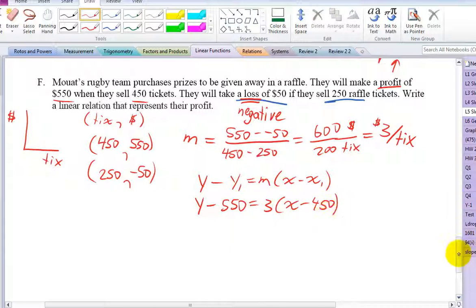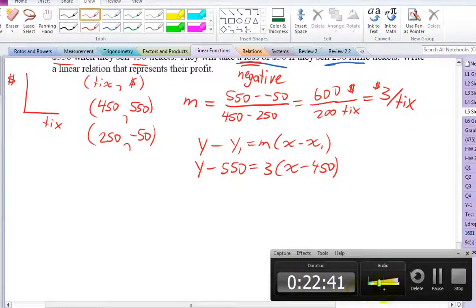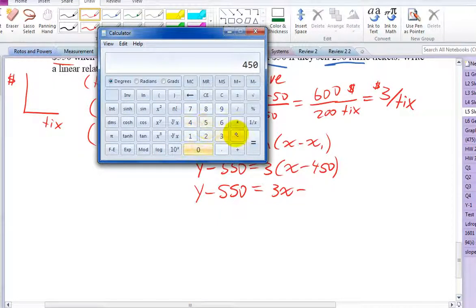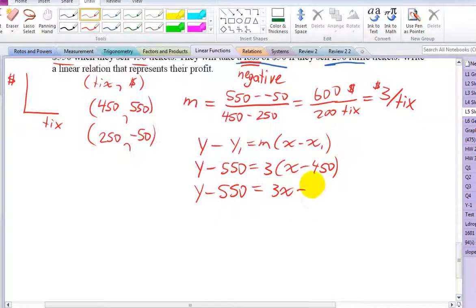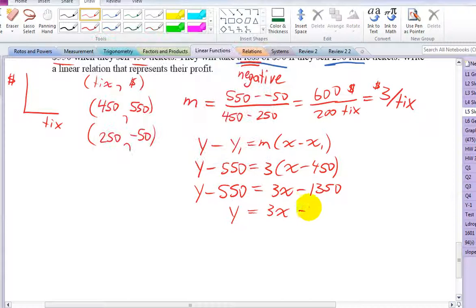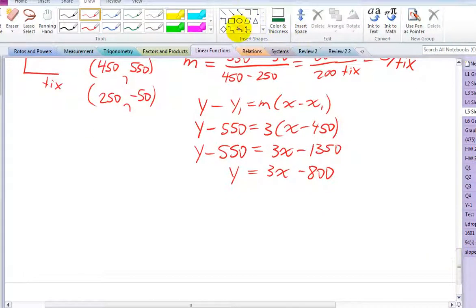Okay, so go ahead, do your algebra now. So y equals 3x minus 800.